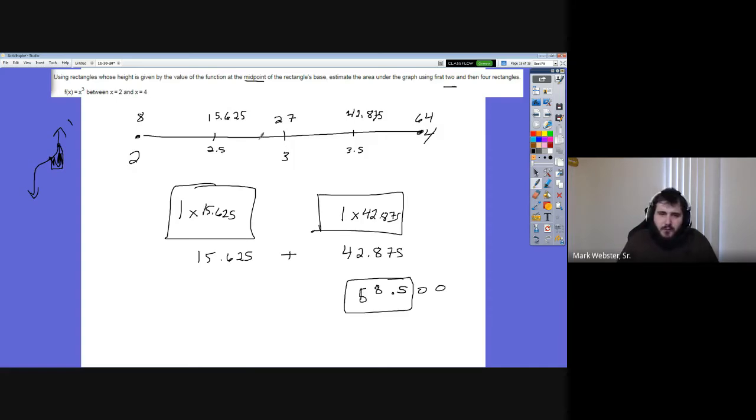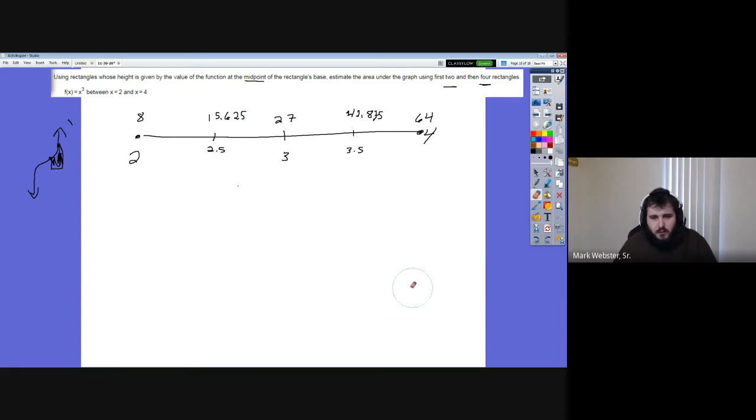What about if we want to use 4 rectangles? Well, hold on. That just means we have to cut this in half again. So we've already done all that work, which is great, right?